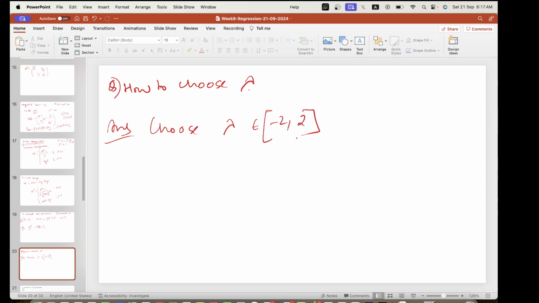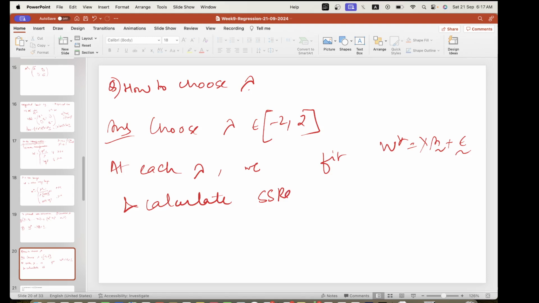We can also take an extended range if necessary, but usually we take lambda from -2 to 2, and at each lambda we fit this model and calculate the SS residual of the model under that specified lambda.